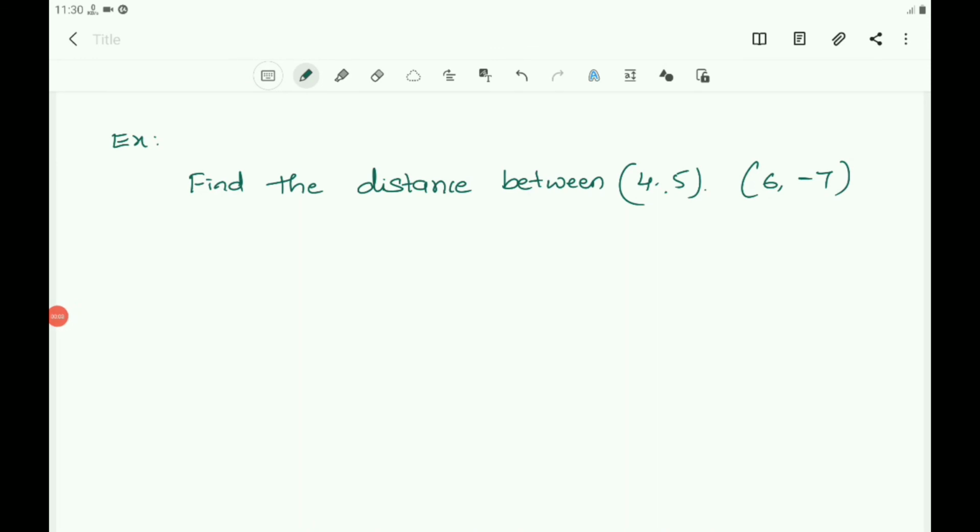Now let us take one example. Find the distance between the 2 points (4, 5) and (6, minus 7).